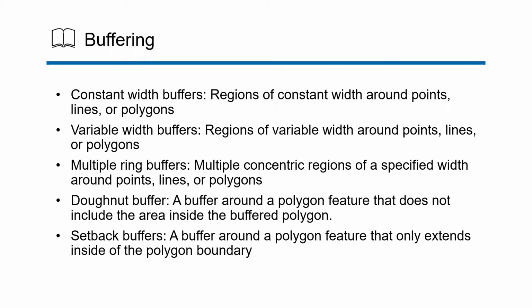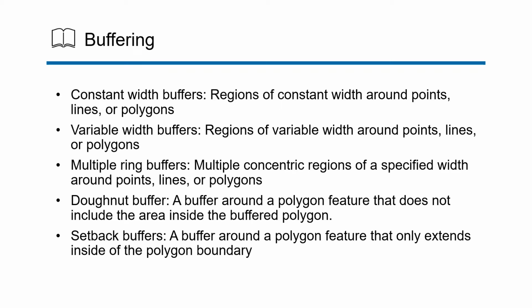Let's talk about buffering. Constant width buffers are the most basic, easiest to understand. They're simply regions of constant width around points, lines, or polygons. But that's not the only type of buffer.